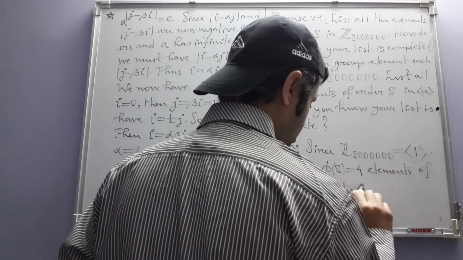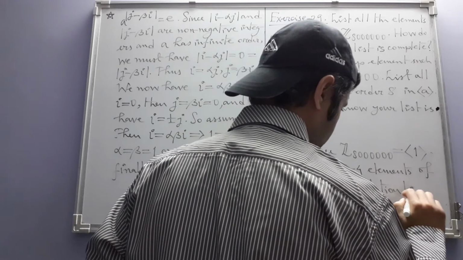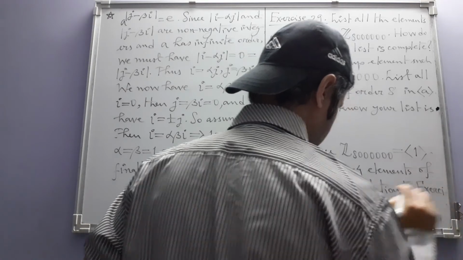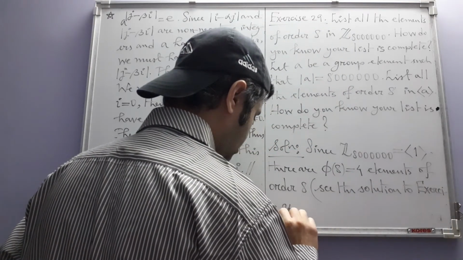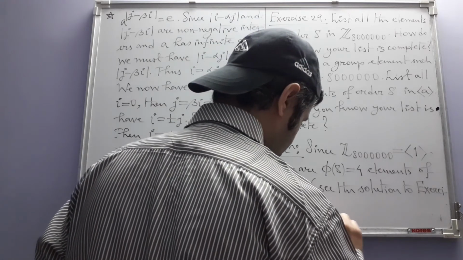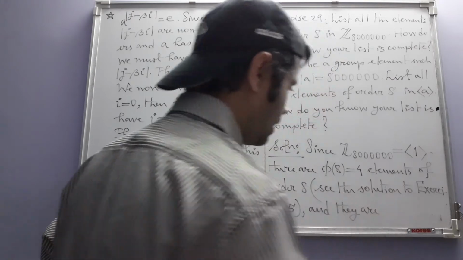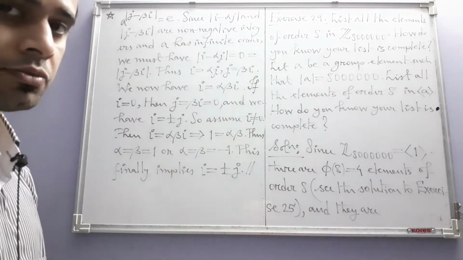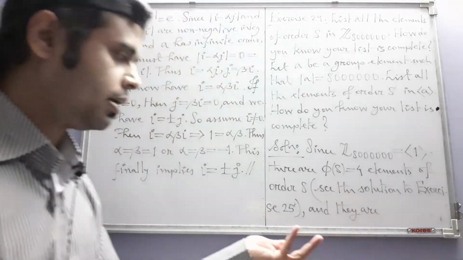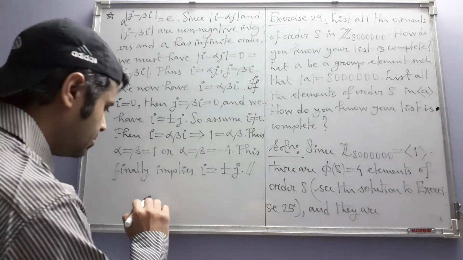See the solution to exercise 25. They are obtained from those values of j, if you remember, where j is an integer less than 8 and relatively prime to 8.